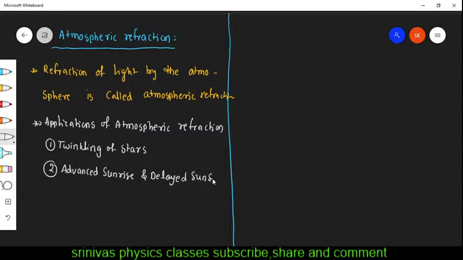These two are the applications of atmospheric refraction. Let us discuss the first one, which is the twinkling of stars.